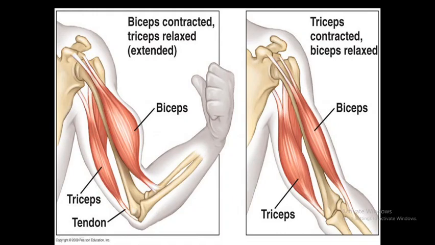So ultimately, what we have learned is that by alternate contraction and relaxation, the muscle moves and the arm, or lower arm, either bends or straightens.